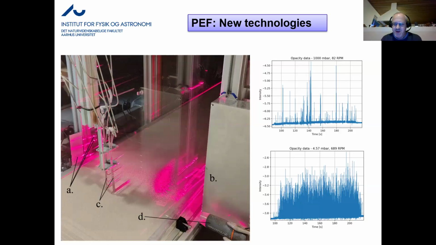So the two plots you see on the right-hand side, this is while we're running. The upper one is an example of extreme bursting. So presumably this was high pressure, probably close to threshold. It's kind of inverse in the sense that as the spikes go up, it means there's less light getting through. But you see, it's very bursty. These bursts are presumably just a few seconds long.